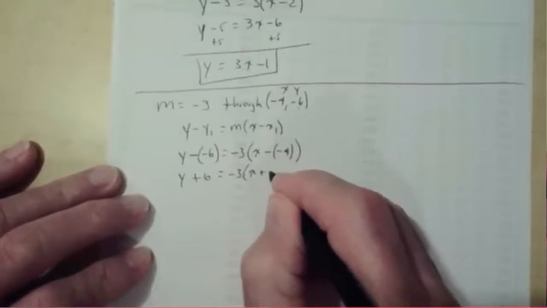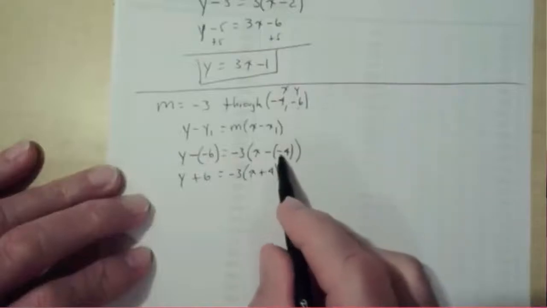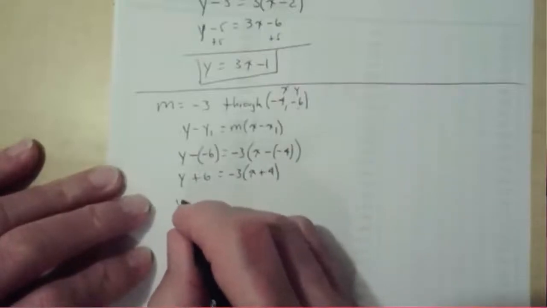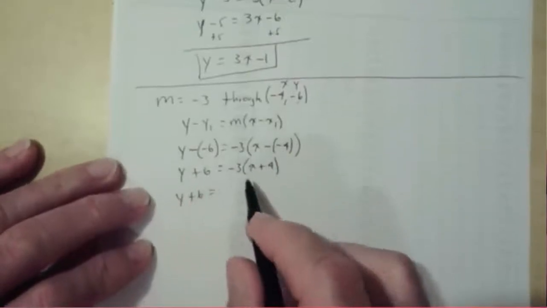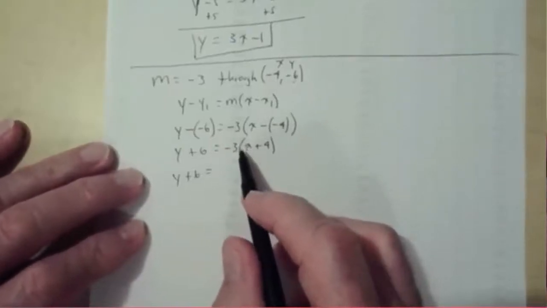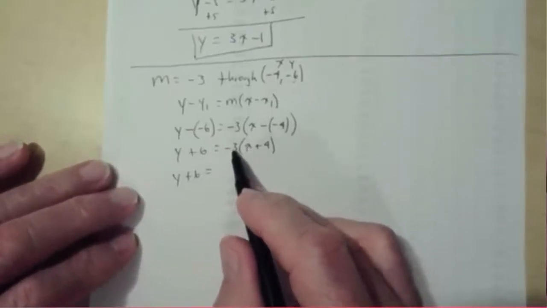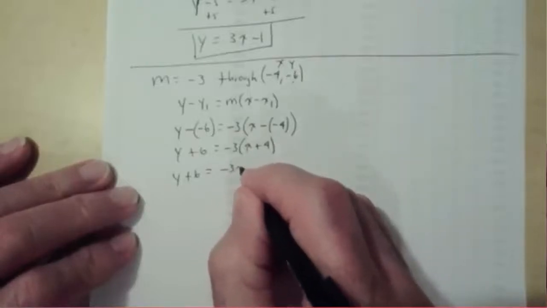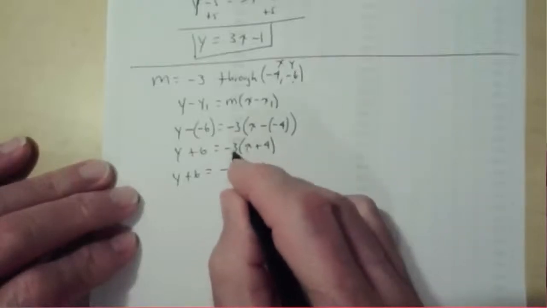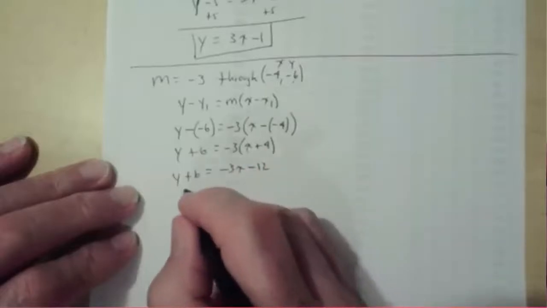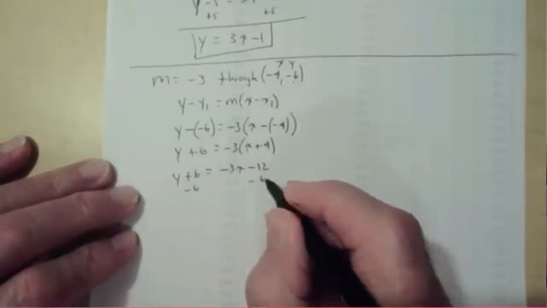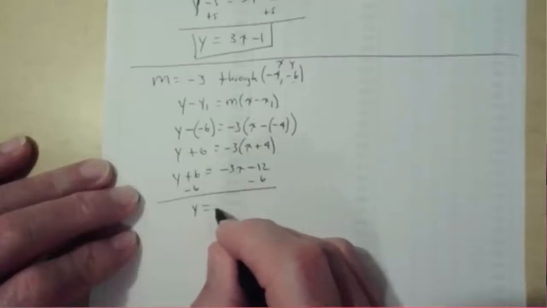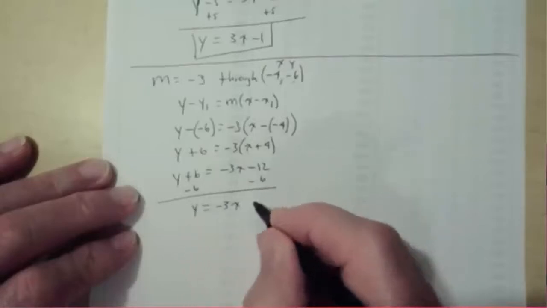So we have y plus 6 equals, now we're going to do distributive property here. We're going to multiply negative 3 times everything in here. We get negative 3x minus 12. Negative times a positive is a negative. Now we're going to subtract 6 from each side. And we get y equals negative 3x minus 18. What could be more fun?